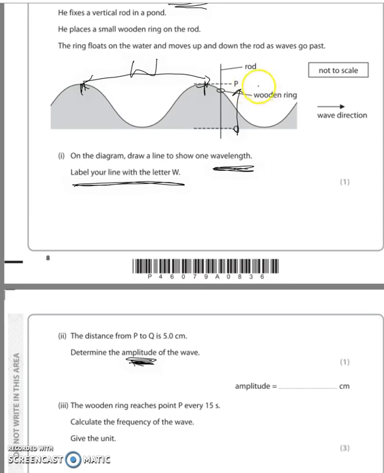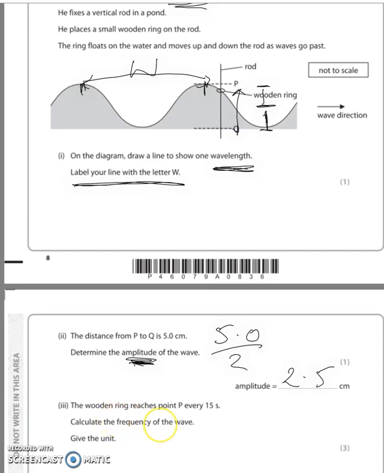So it's the distance from either the peak to the centre or the trough to the centre. That's your amplitude. So if distance from P to Q is 5, you need to divide that by 2. Make sure you give your answer as a number rather than a fraction.